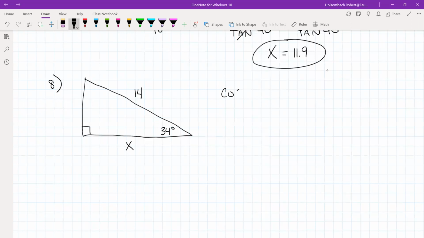So cosine 34 over 1 is equal to adjacent side over hypotenuse. X times 1 is X, and cosine 34 times 14 is 11.6.